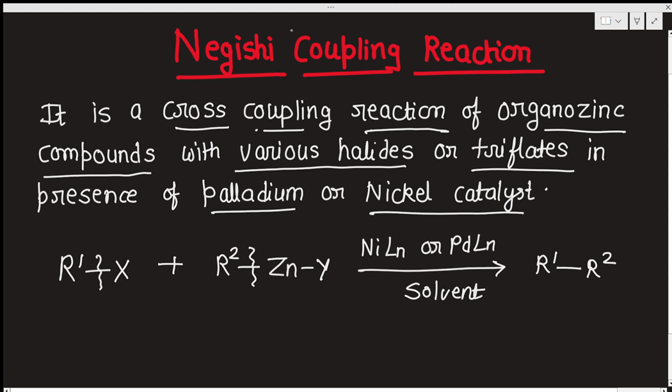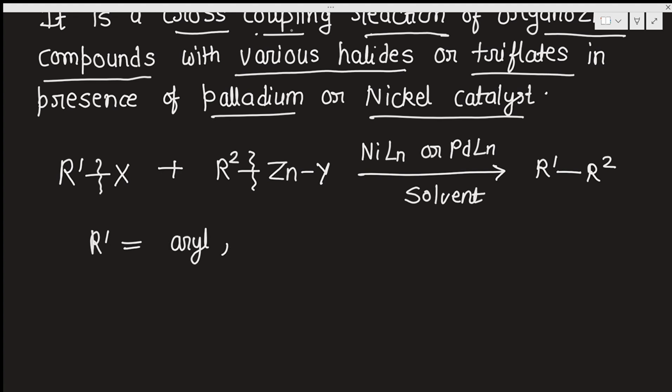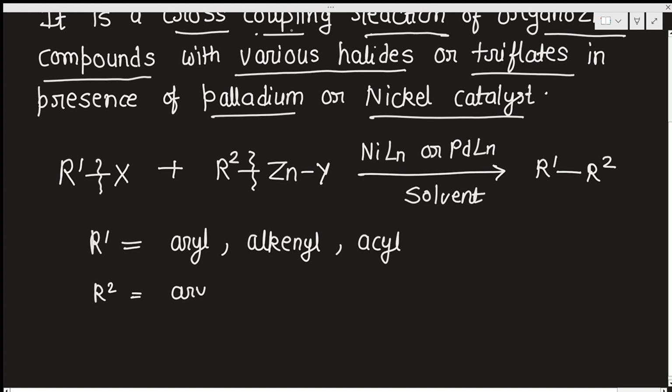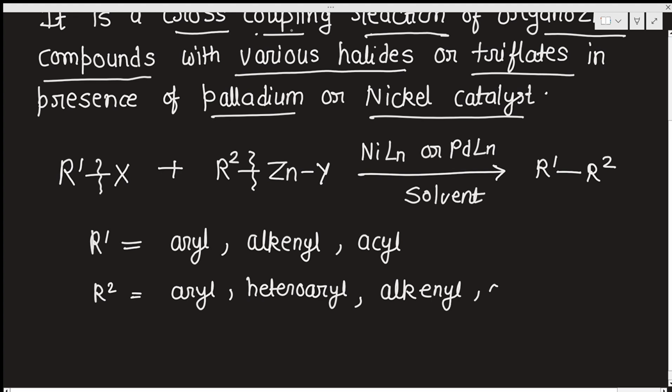Okay, now what is the criteria, which can be the R groups? See here, R1 may be any aryl group, means in halide. It may be aryl halide, it may be alkenyl halide, or it may be acyl halide. Okay. Similarly, R2 may be either aryl group, it may be heteroaryl group, means besides carbon some other atoms can be present, or it may be alkenyl group, and it may be allyl group or homoallyl group.